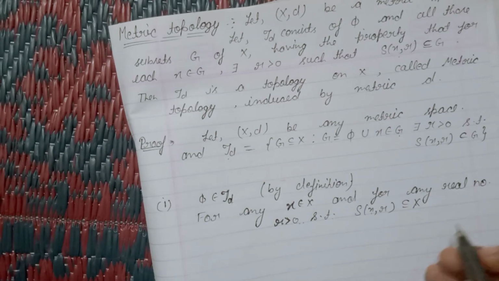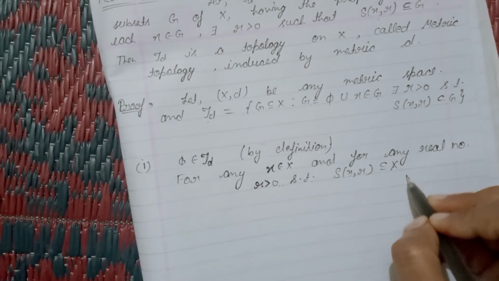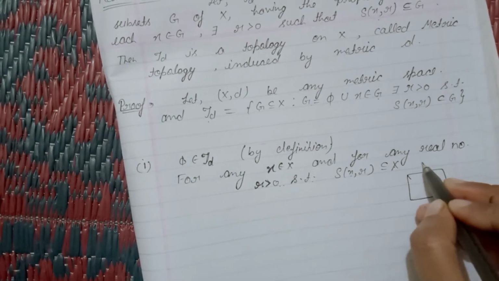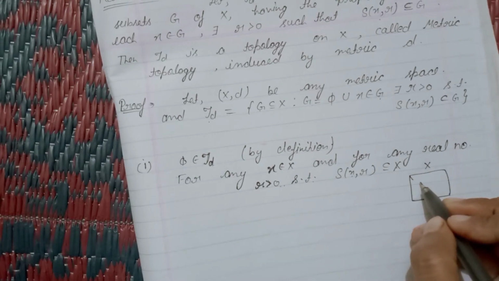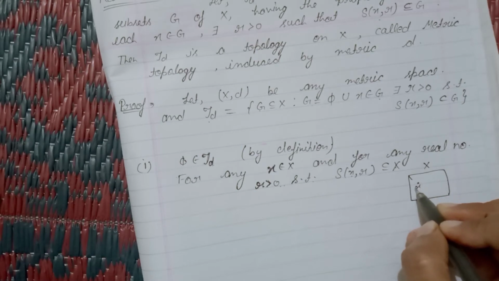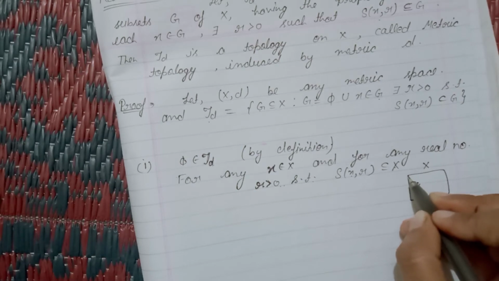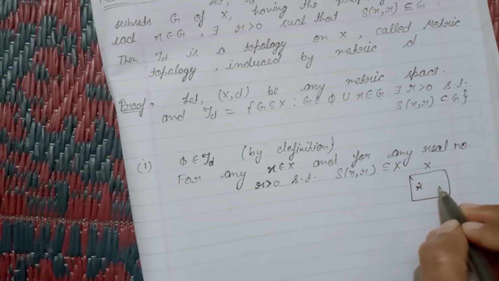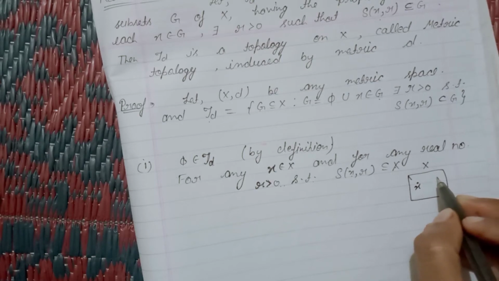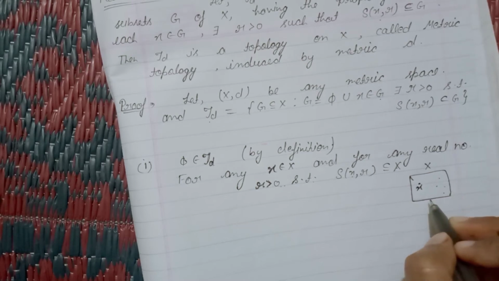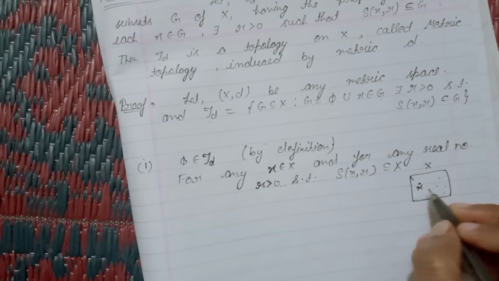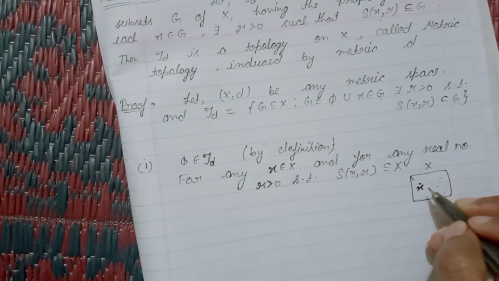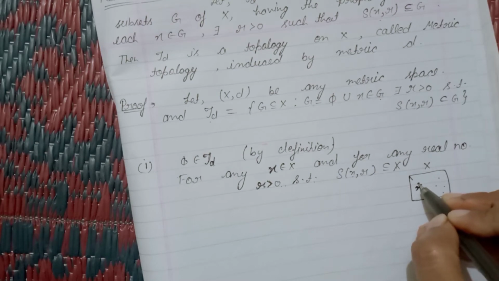By graphical method we need to understand. Suppose X is a universal set, right? Suppose I take a point x, and you can take this point anywhere inside X. So suppose I take a point x here. Then we can draw an open sphere with center x and positive radius r.